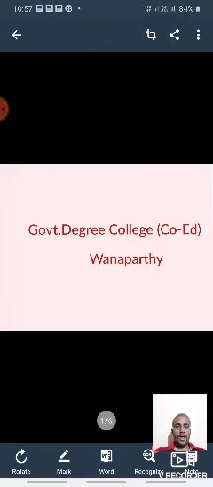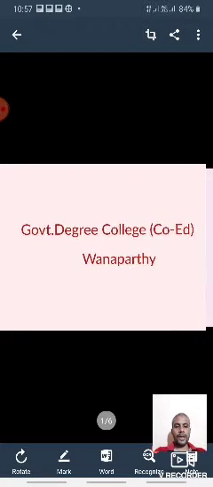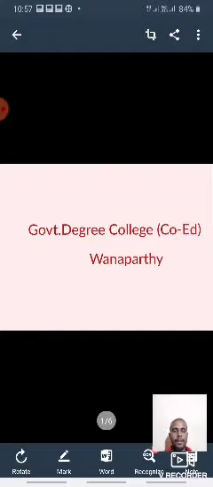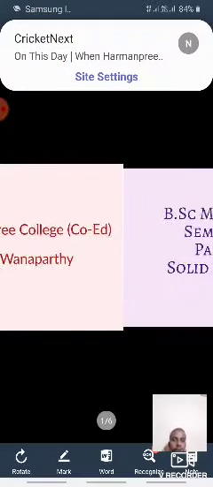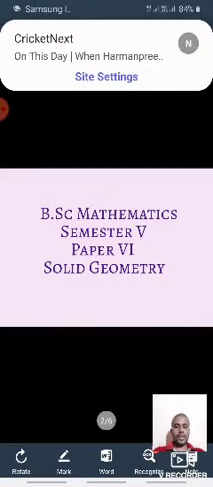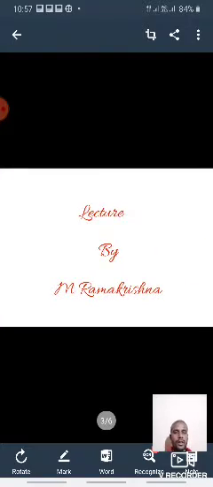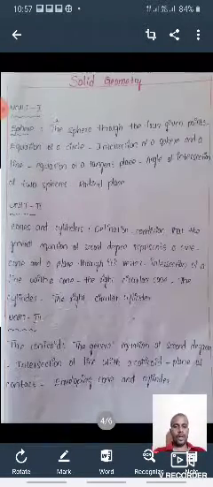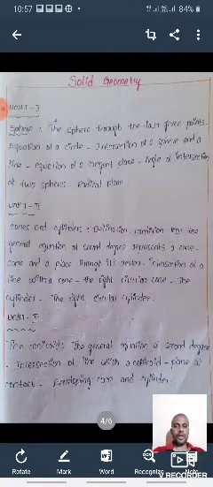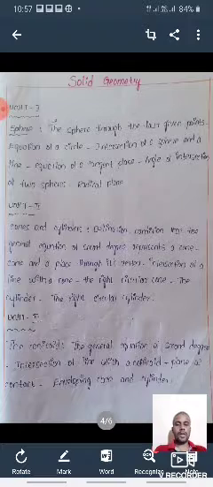Similarly, in previous semesters we had an 80 marks paper pattern, but in semester 6 we have a 60 marks paper pattern. In solid geometry we have 3 units: first unit is sphere, second unit is cones and cylinder, third one is the conicoid.